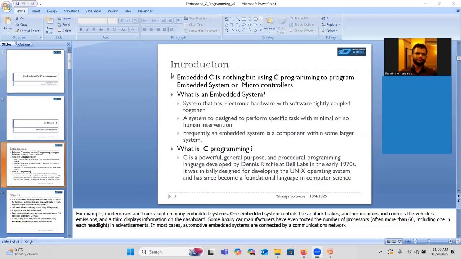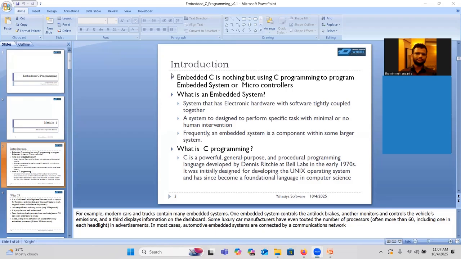When it comes to microcontroller based embedded systems, these embedded systems are mini computers. Every embedded system is a computer, maybe with limited resources. It does not have an OS.